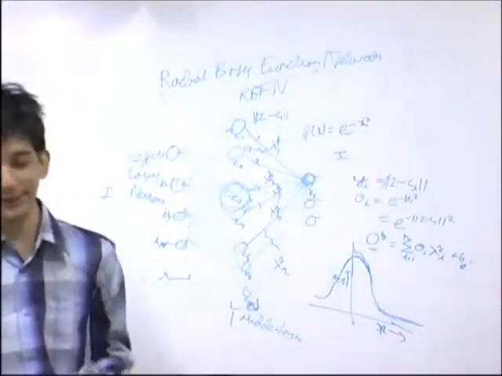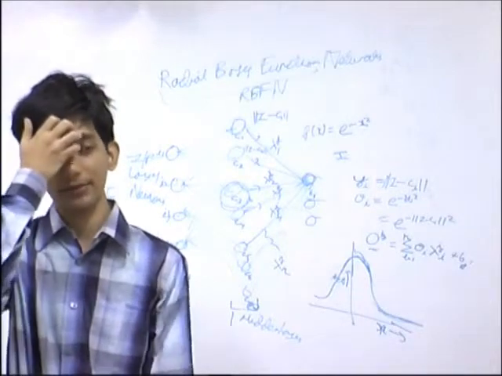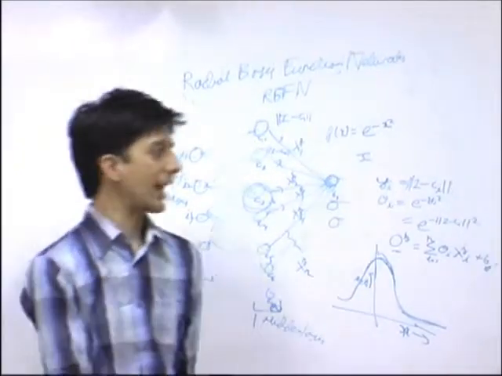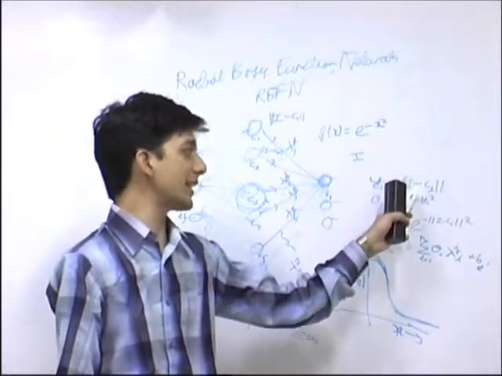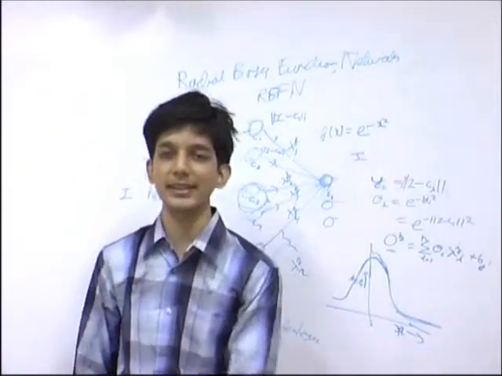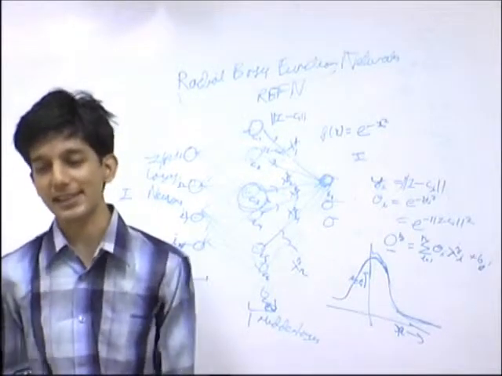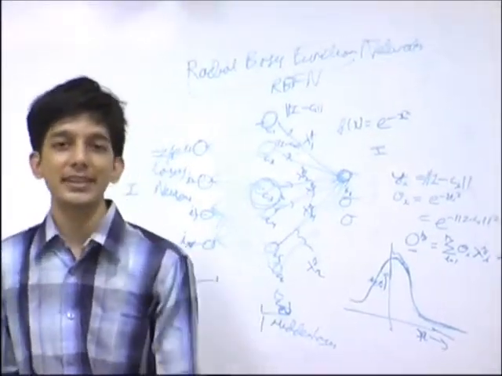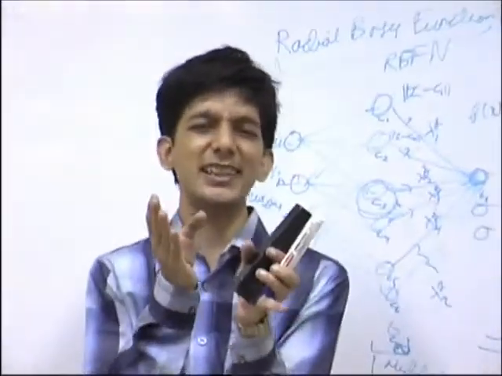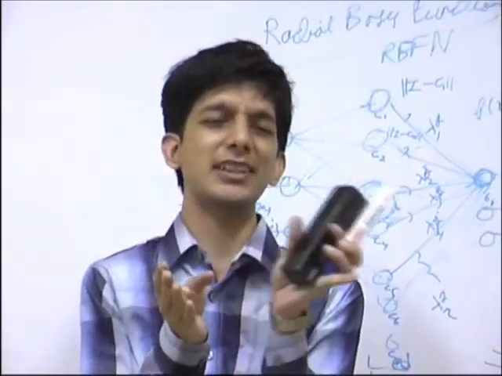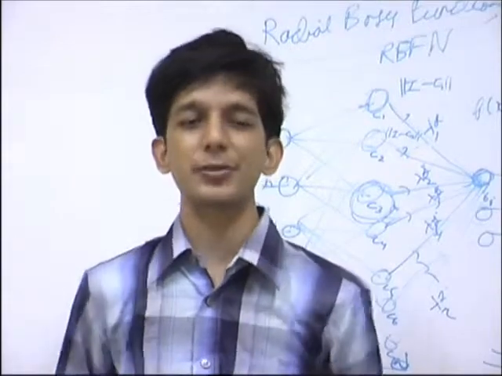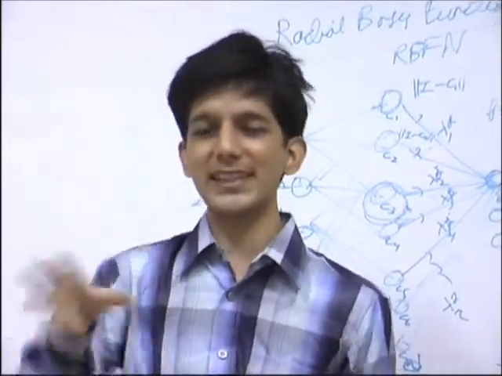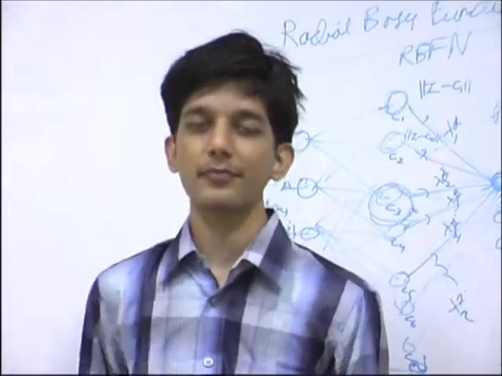So the neuron will get highly activated in such a case. When I say that the Euclidean norm between input I and the center Ci is very less, what I mean is that there is very little difference between the input I and Ci. So that means my Ci was more or less like my input.